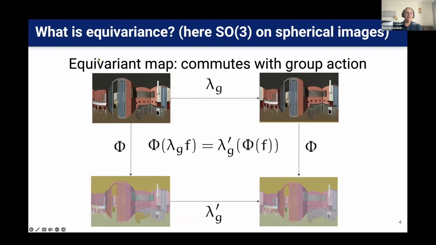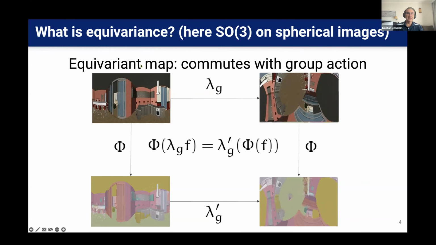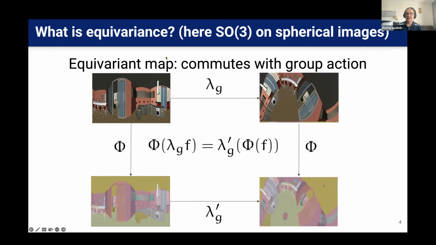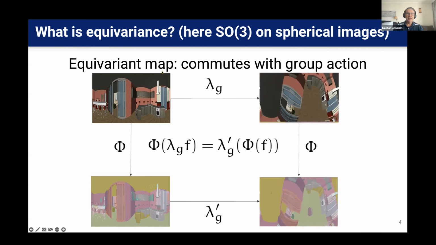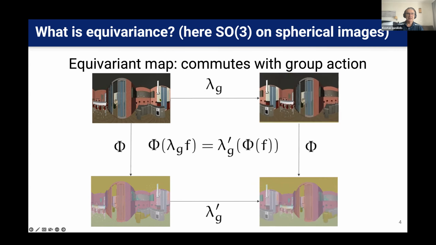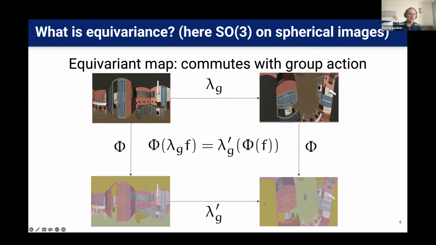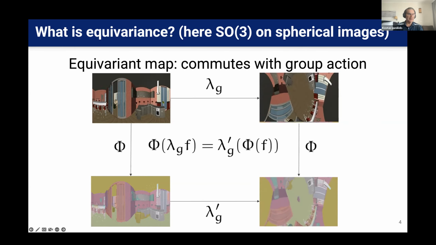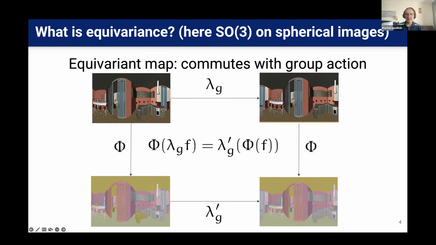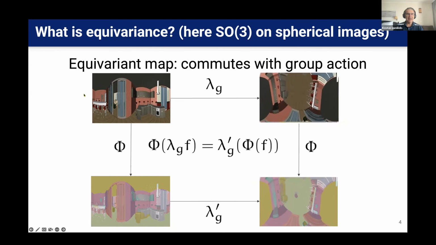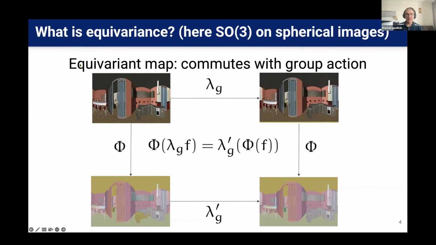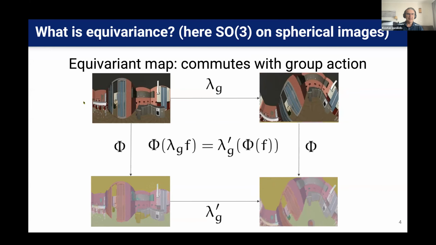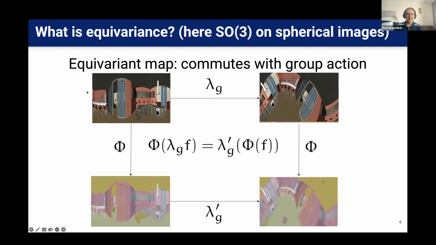If we take the input and rotate it, which we write as lambda g because this is a warping operator of the whole image, and then we extract features, for example a vector of all classes, like a softmax output for every pixel, then this result is predictable by applying the feature map on the original image and then just warping the feature map. And this makes this map equivariant.